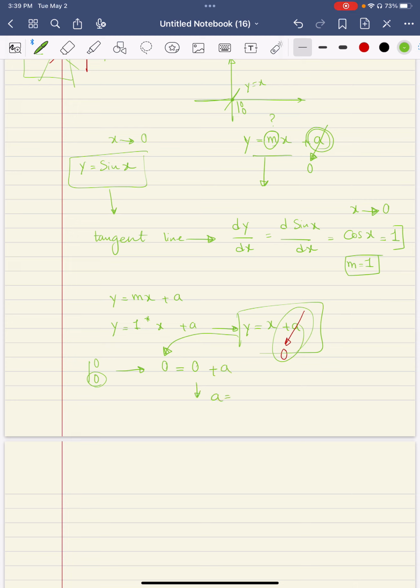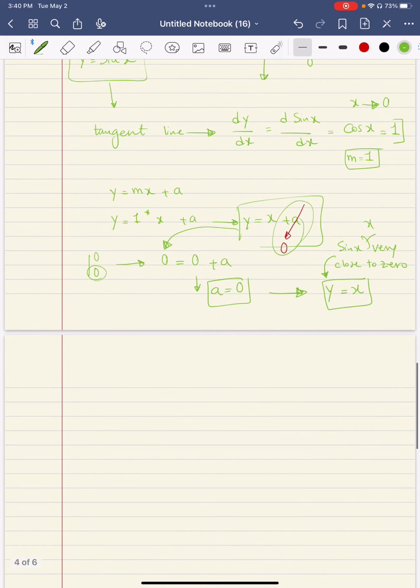So a would be 0 as well. So your y would be equal to x for sine x, x very close to 0. Your sine x would be changed to this equation.